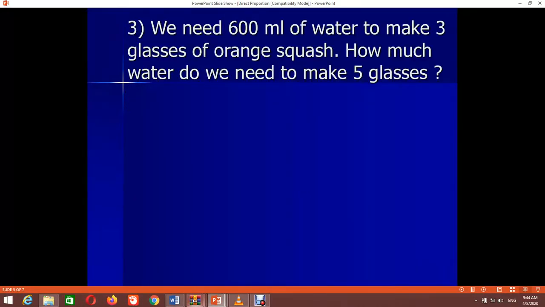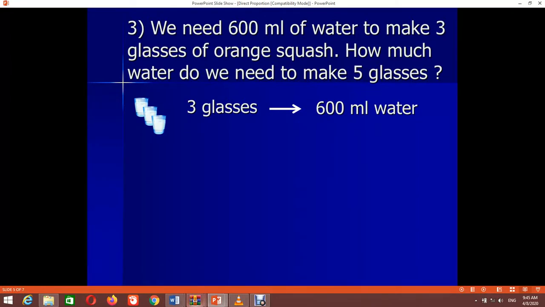Example 3. We need 600 milliliters of water to make 3 glasses of orange squash. How much water do we need to make 5 glasses?